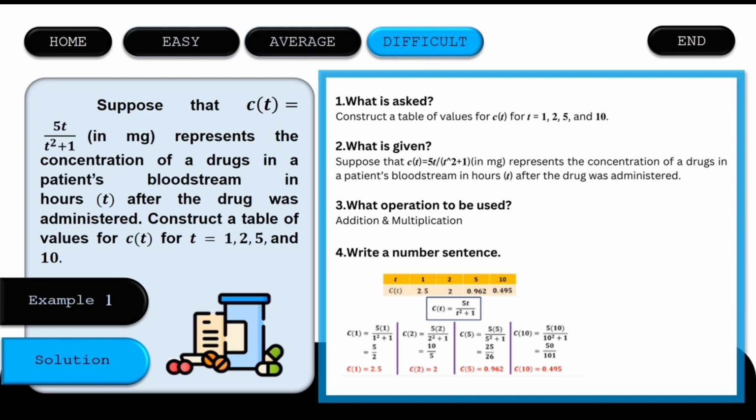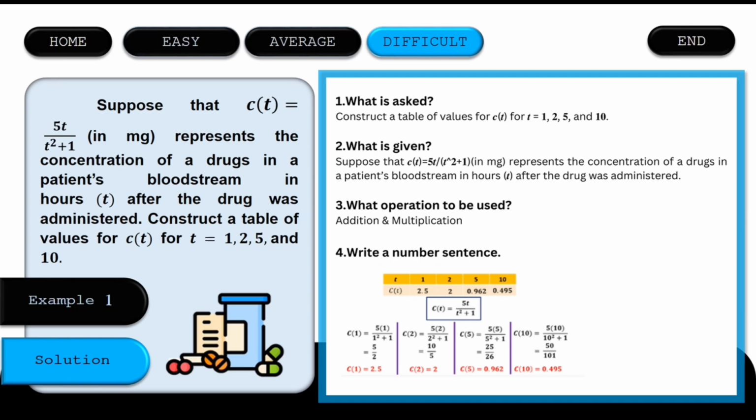Next is when t is equal to 2. So we will have 5 multiplied by 2, which is 10, over 2 squared, which is 4, plus 1 is 5. So 10 over 5 is 2. Next, when t is equal to 5: 5 multiplied by 5 is 25, over 5 squared, which is 25, plus 1 is 26.